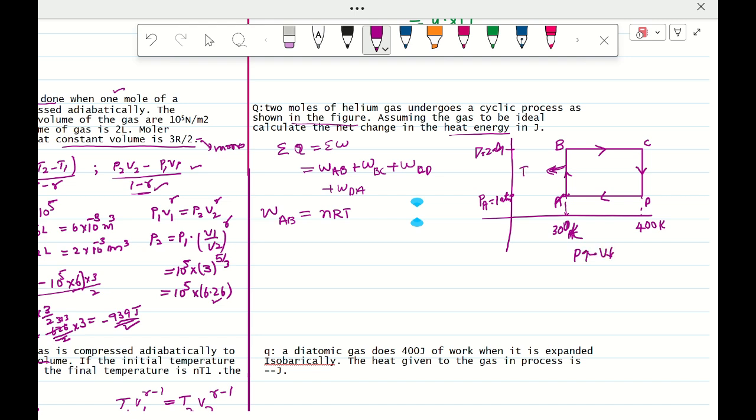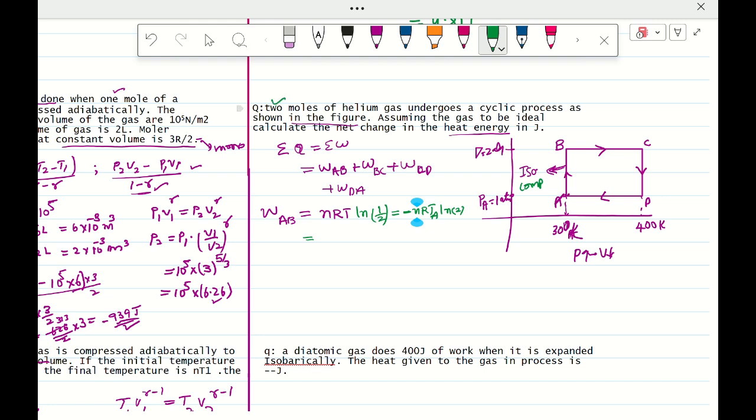So this is isothermal compression. So nRT into ln, here we get clarity: the isothermal process goes with Vf by Vi, but here it is P1 by P2, Pa by Pb, that is equal to 1 by 2. So I can write minus nRTA into ln 2.